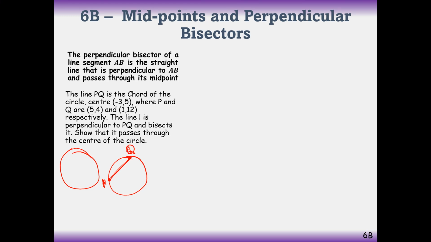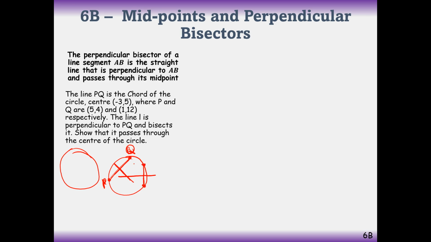So PQ is just the chord. You should be familiar with the fact that the perpendicular bisector of this chord, if you don't remember, this perpendicular bisector of this chord here will be where it crosses another perpendicular bisector of any other chord.